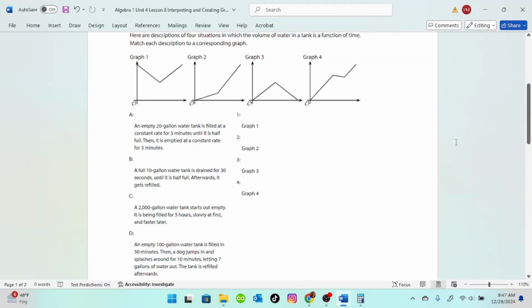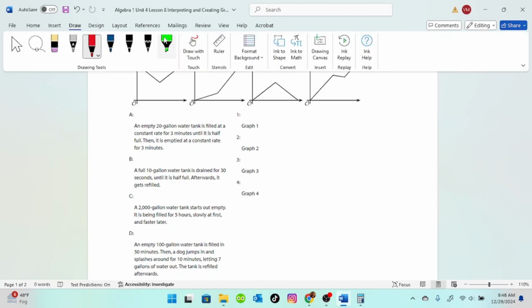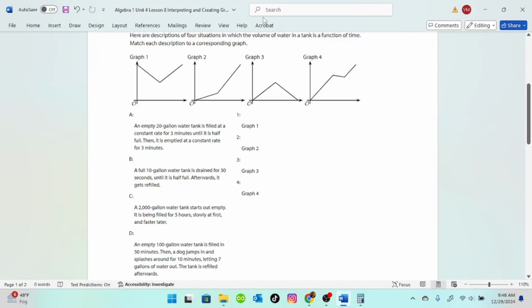Our next practice problem says here are descriptions of 4 situations in which the volume of water in a tank is a function of time. Match each description to a corresponding graph. So, what we need to understand here is volume of water in a tank is a function of time.